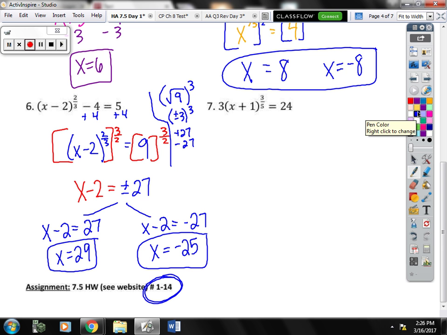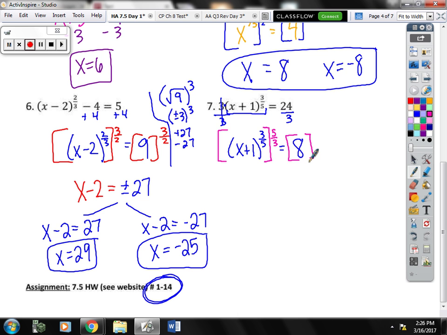The last example here that we have, we would be solving for x. First, isolating our x plus 1. We would undo our multiplication of 3 with division of 3. And last, we will go ahead and raise both sides to the reciprocal power of 5/3. Again, these will undo one another to become x plus 1.